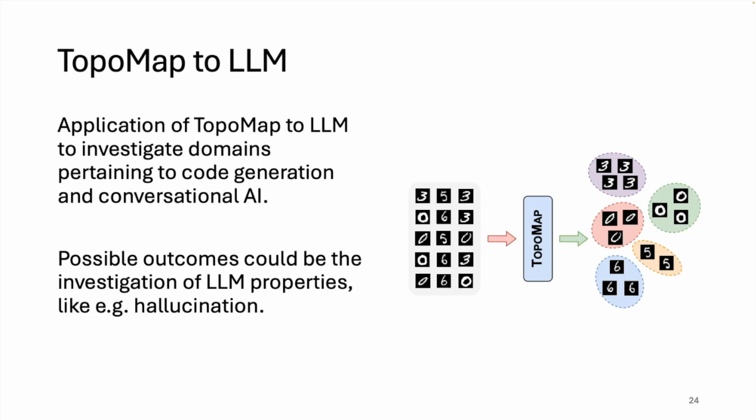We can also investigate properties of large language models, like hallucination and confidence, and this can be achieved by studying the weights of some smaller models that are trained to detect issues with the LLM.